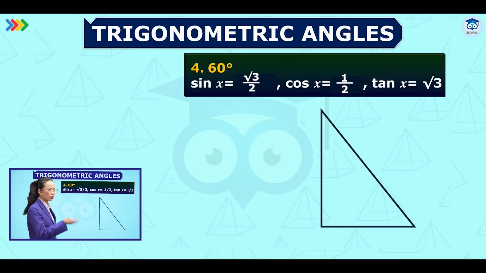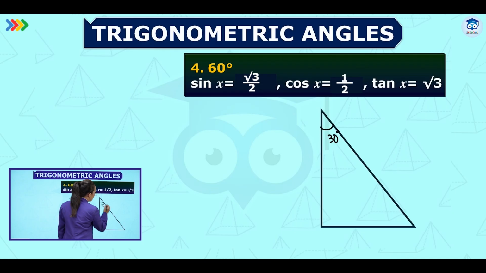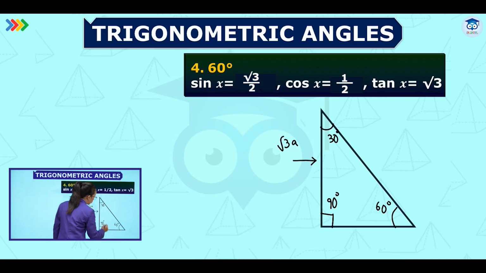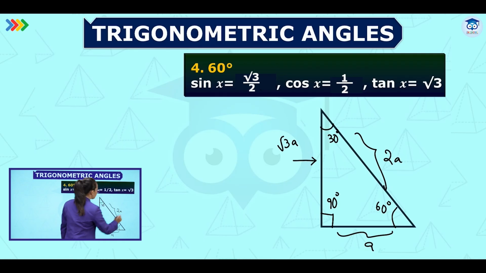For 60, we know that when this angle is 30, the other becomes 60, and this is 90 degree. So we'll be referring to the same figure that we have taken as an equilateral triangle. We calculated this side and it comes out to be root 3a when we consider this as a, and this was 2a.